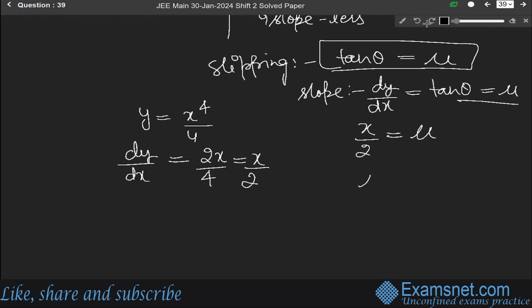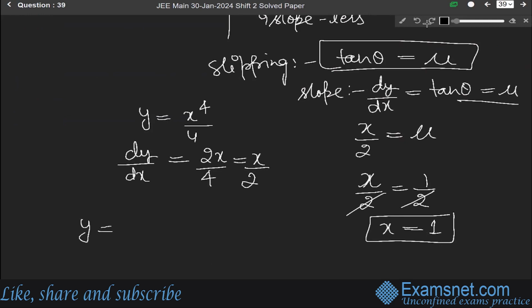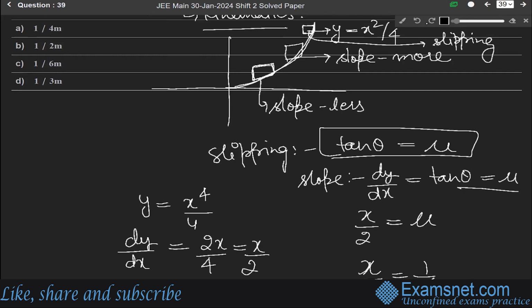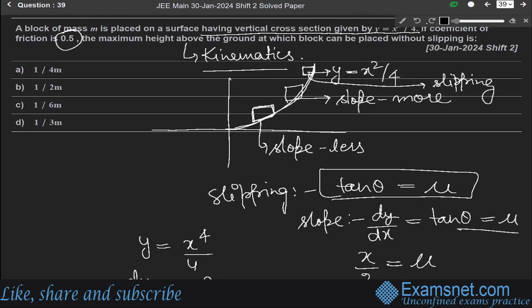So x by 2 equals 1 by 2, so x will be equal to 1. So y equals x square by 4, meaning 1 square by 4, so y equals 1 by 4. This implies that the height is 1 by 4. So the correct answer is h equals 1 by 4 meter, option A.